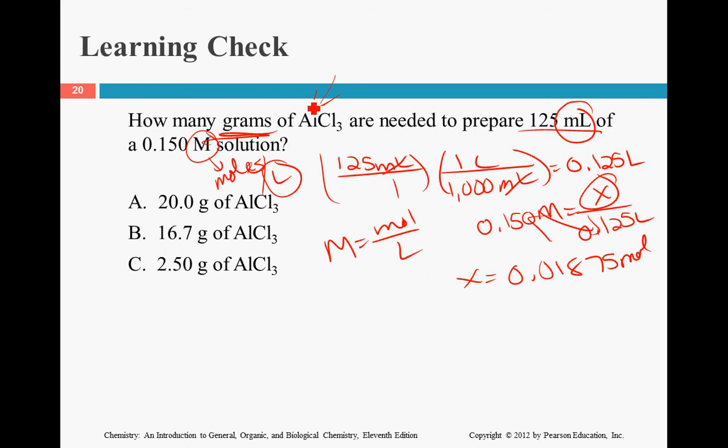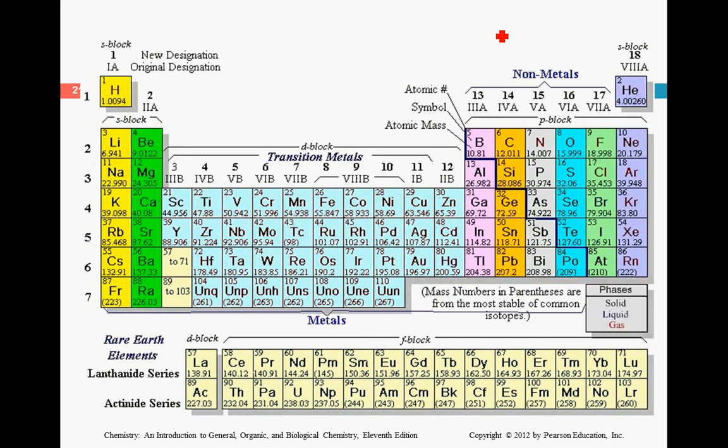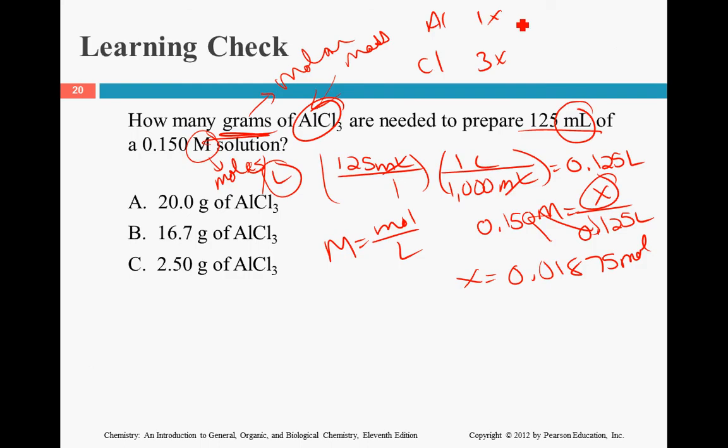We want grams. The moment you hear grams, once again, you think molar mass. That means I need to figure out the molar mass of AlCl3. So we have Al, we have Cl. We have 1 Al, we have 3 Cls. When looking at the periodic table, aluminum is right here, 26.98. That means it's 27.0 if we round it up.